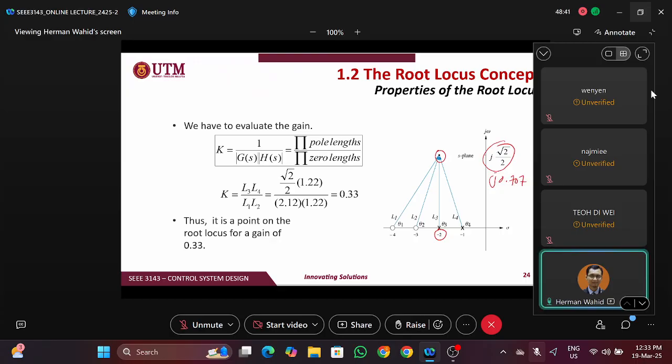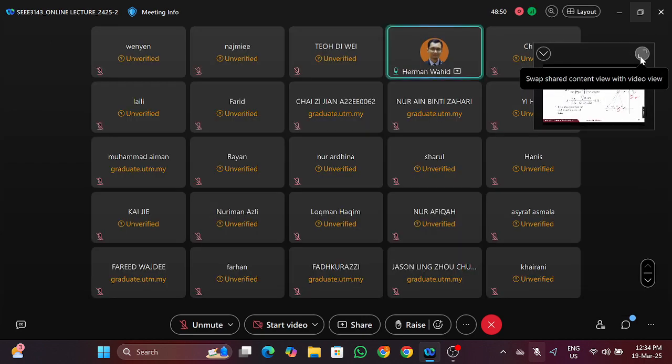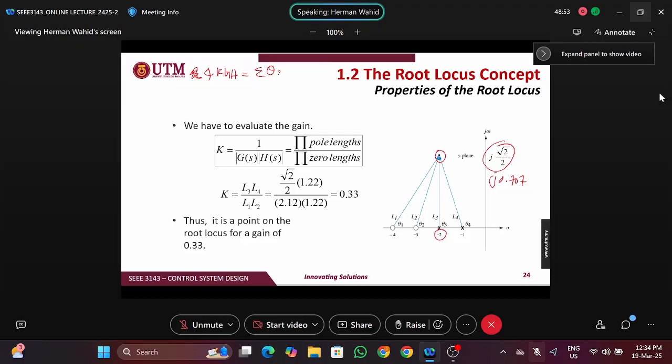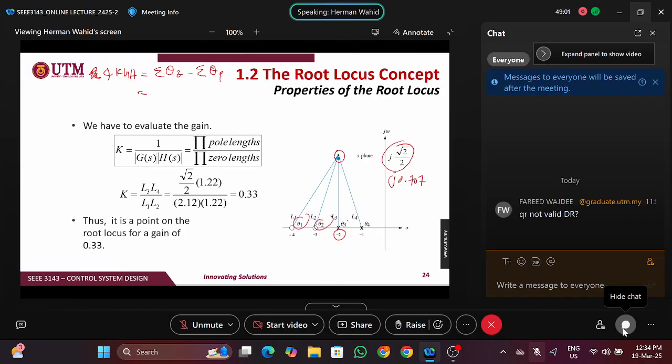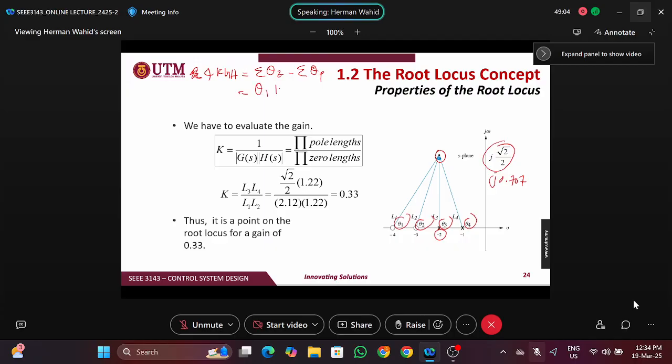Okay, so let's quickly write here. KGH is equal to the summation of angles of zeros minus the summation of angles of poles. So by looking at this one, we're still considering all these angles: theta 1, theta 2, minus theta 3, plus theta 4. So we need to evaluate again what is theta 1, but now because we already have the new height here.